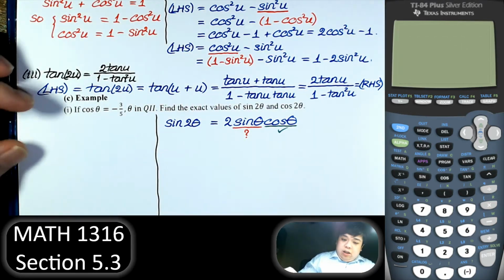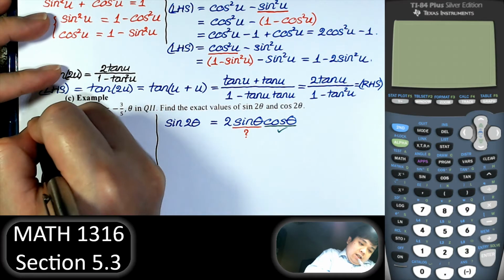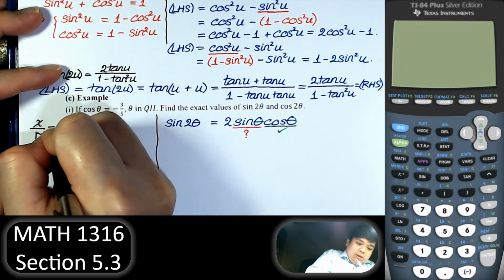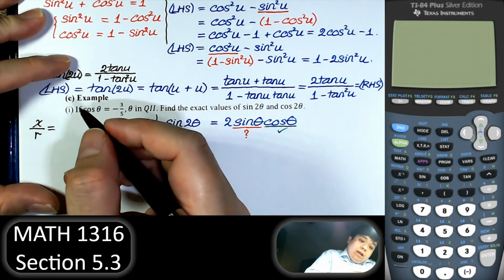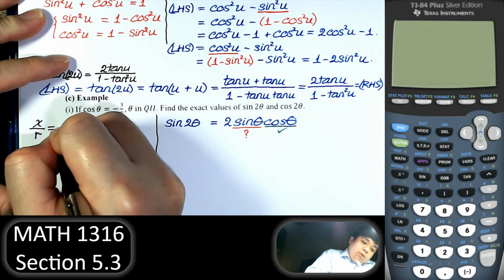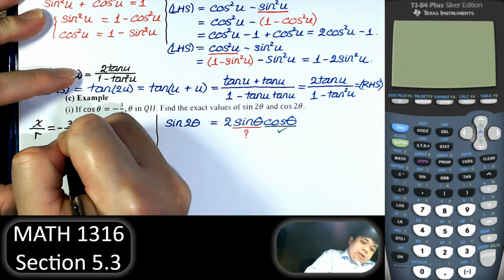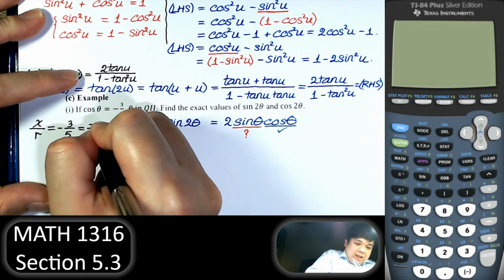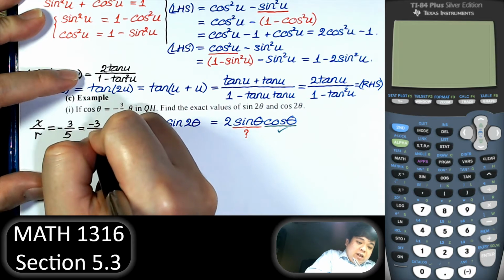Now cosine is x over r, and equal to negative 3 over 5. Of course r is always positive, so x can be negative.